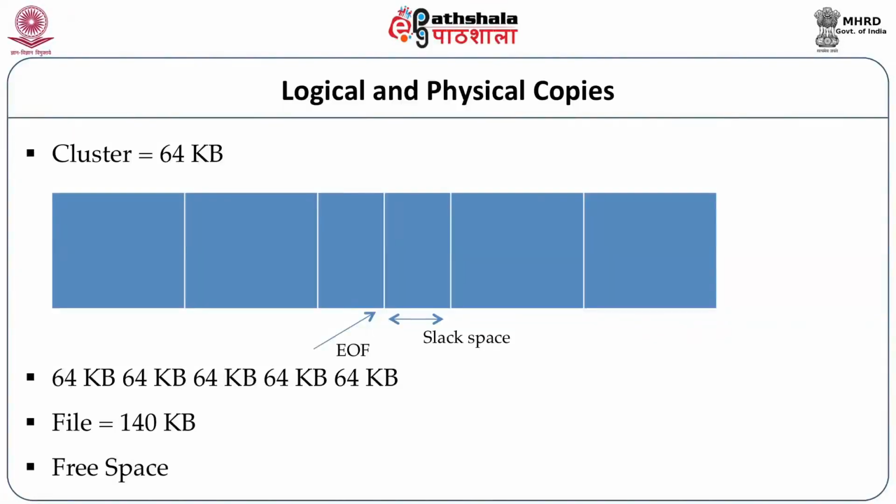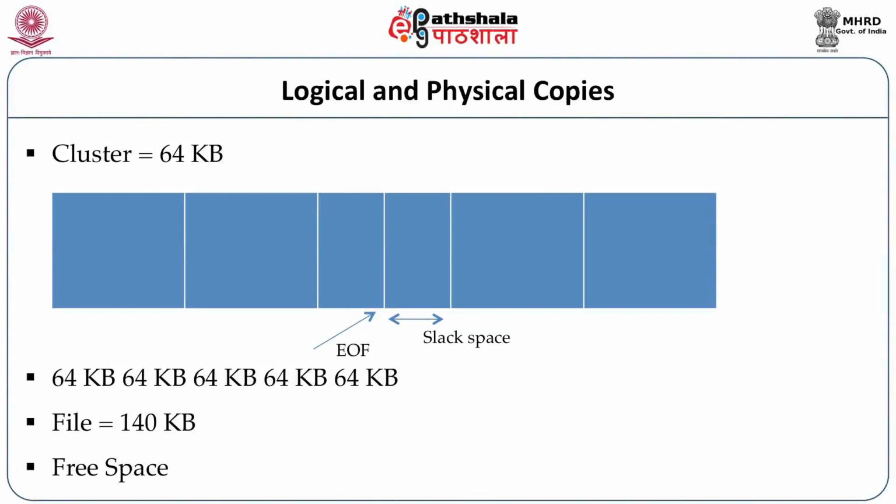So the next cluster would be assigned. The next cluster would be of size 4 kilobytes. Out of that, 2 kilobytes will be used and 2 kilobytes will remain empty. So the next cluster is called partially used, and this remaining space in the cluster is called file slack.